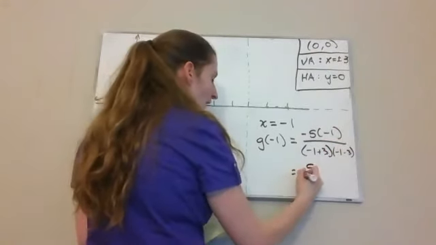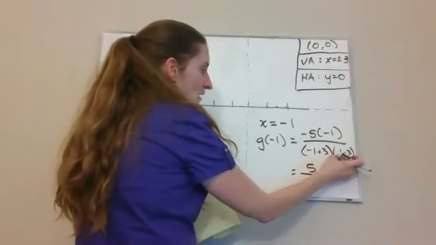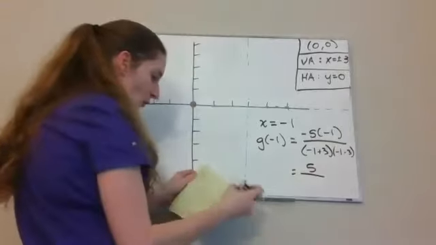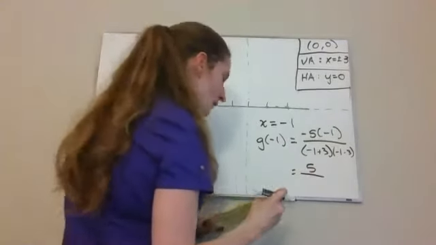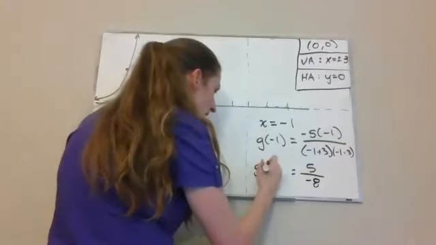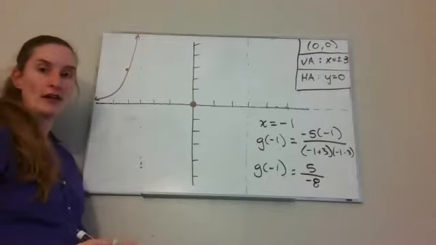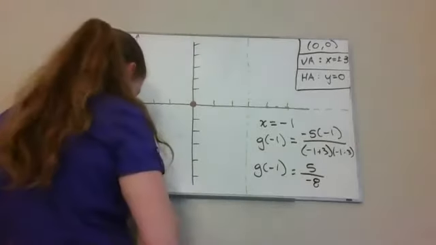That's +5 over a +2 times a -4. So that is a -8. So I have a point at -1, -5/8.